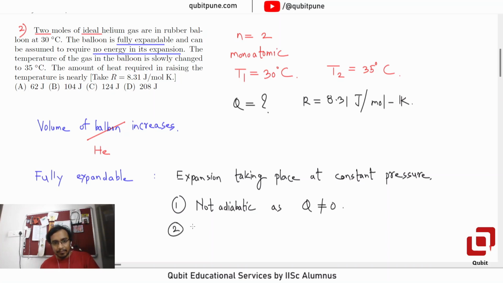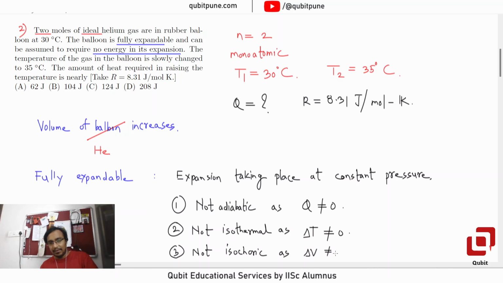Number two, not isothermal, as delta T is not equal to 0. And it is also not isochoric, as delta V is not equal to 0.